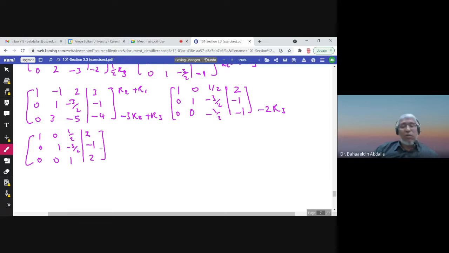So I have z now, and I use this one to make these numbers zeros. Negative 3 over 2. So I multiply row 3 by 3 over 2. Half, I multiply row 3 by negative half and add it to row 1. This is row 3.